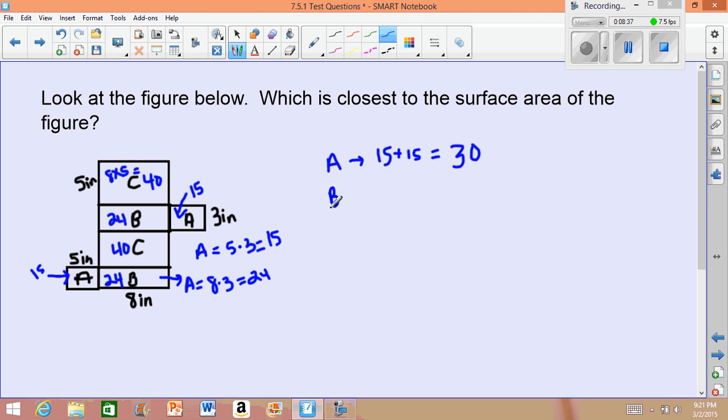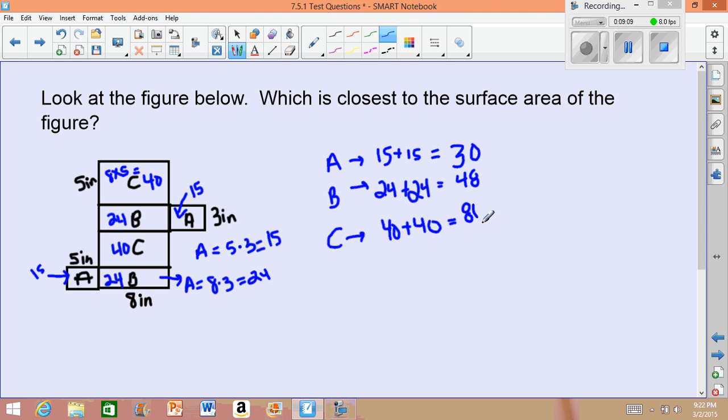For my B's, it was 24 plus 24 for a total of 48. And when I have C's, there were 2 of those, so that was 40 plus another 40 for a total of 80.